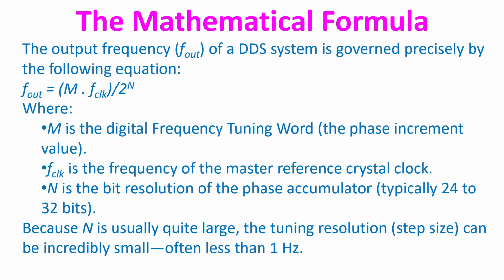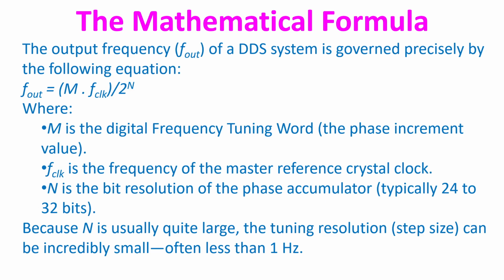The output frequency F out of a DDS system is governed precisely by the following equation. F out is equal to M into F clock, all divided by 2 to the power of N. M is the digital frequency tuning word, the phase increment value.